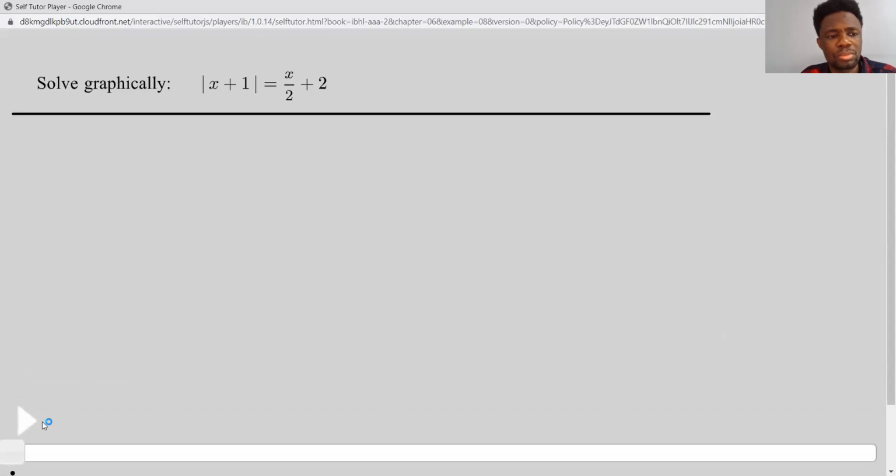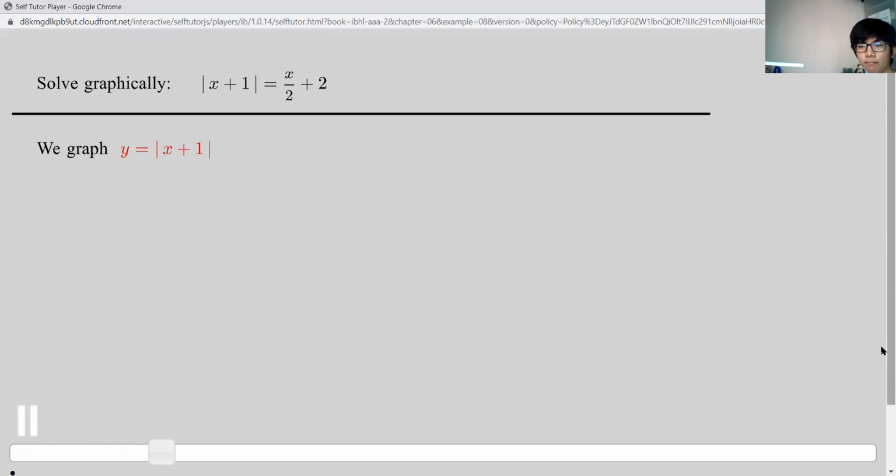Can you see this? Yes. In this example, we solve a modulus equation graphically. We graph the expressions on each side of the equation on the same set of axes. On the left-hand side, we have the absolute value of x plus 1. We can graph this by hand by separating the graph into two sections.